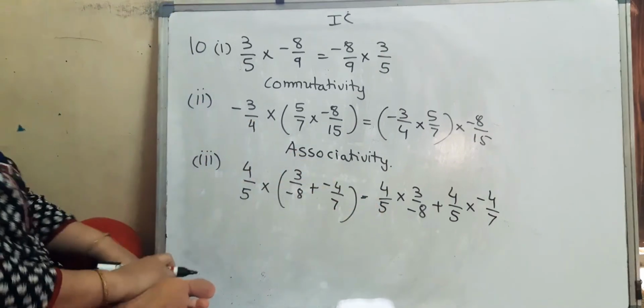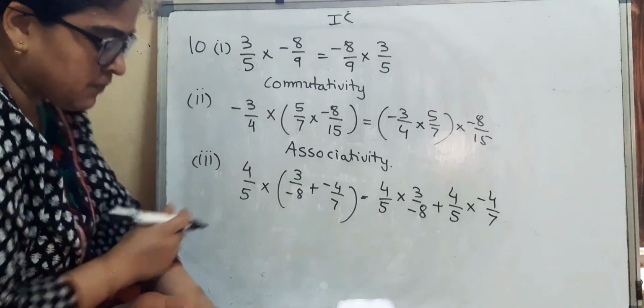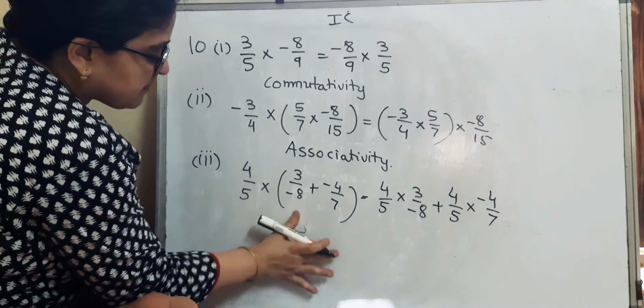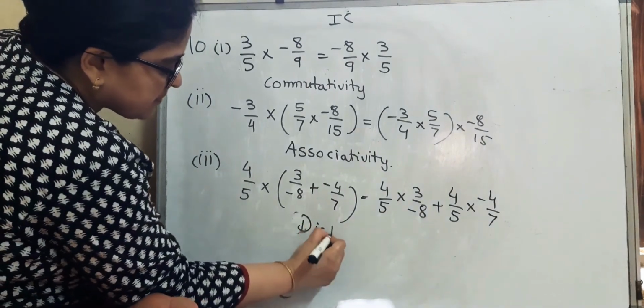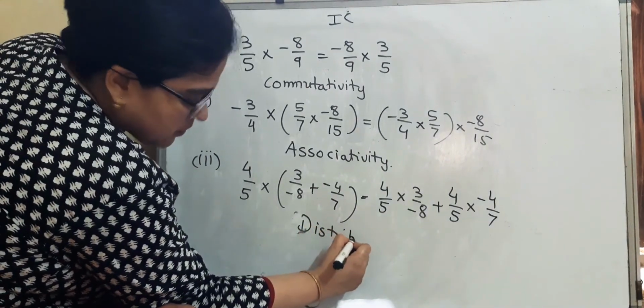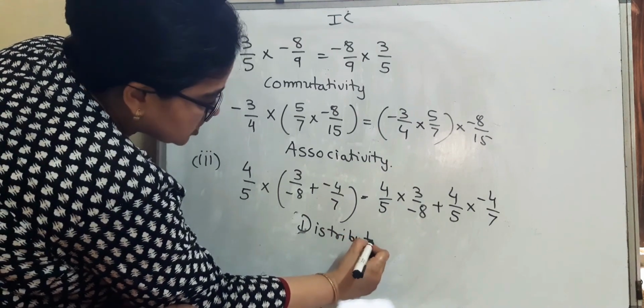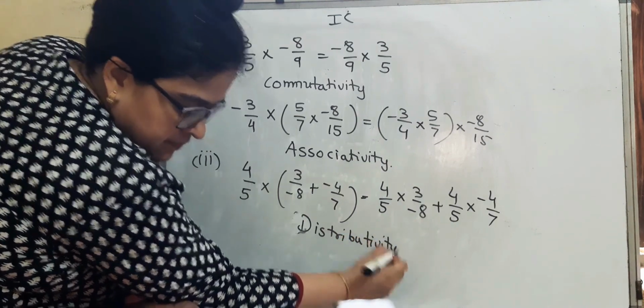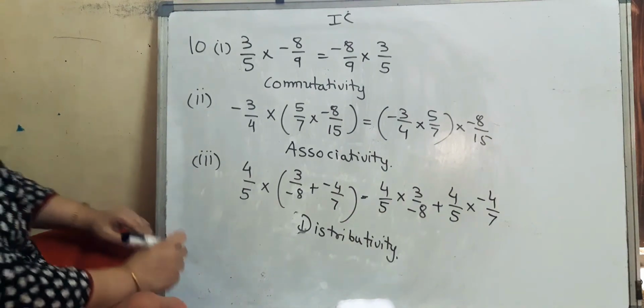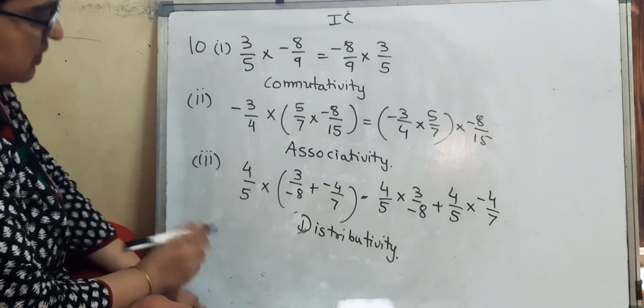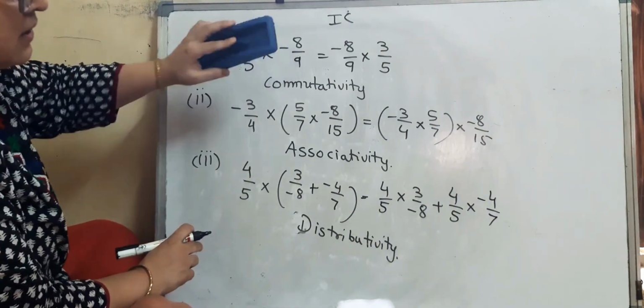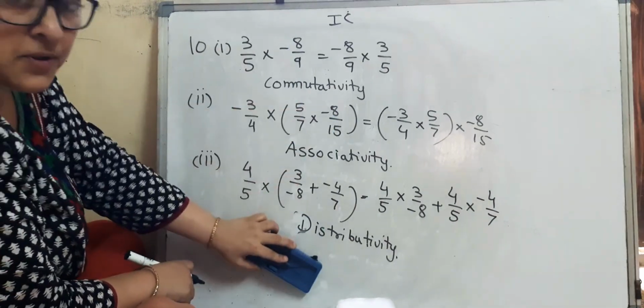This type of property is called distributivity. Third one: commutativity, associativity, distributivity.